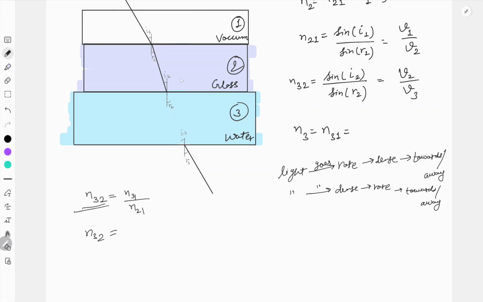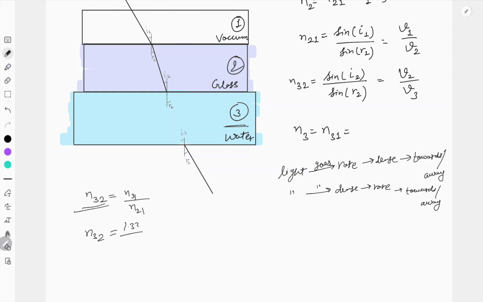We know that the absolute refractive index of glass comes out to be around 1.5, and the absolute refractive index of, we are writing n31, so n31 is the refractive index of water with respect to vacuum, right? So absolute refractive index of water comes around 1.33. You can look it up in the table, right?